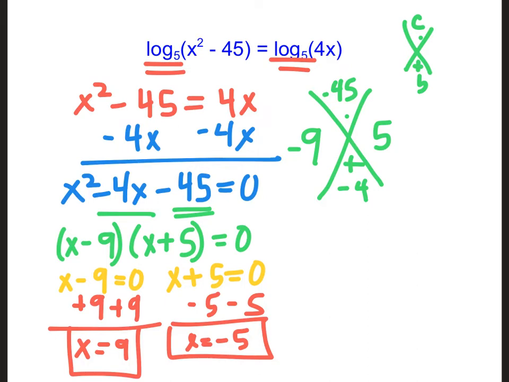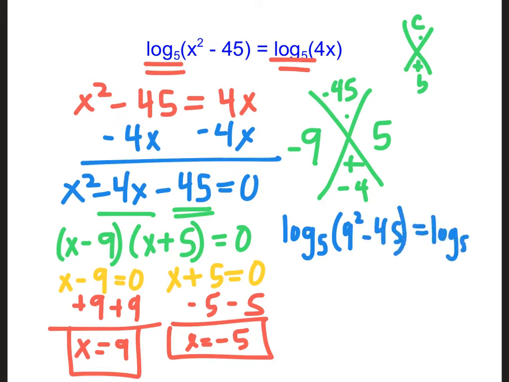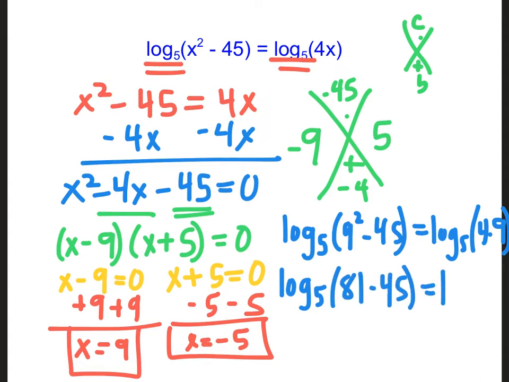So again, I used that original equation. So we're going to do log base 5 of 9 squared minus 45 equals log base 5 of 4 times 9. So I have log base 5 of 81 minus 45 equals log base 5 of 4 times 9 is 36.